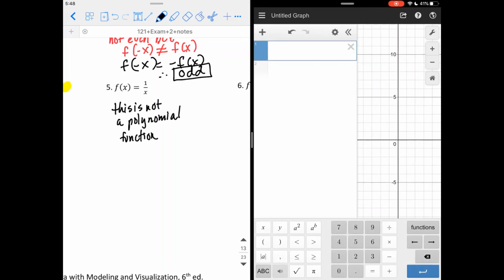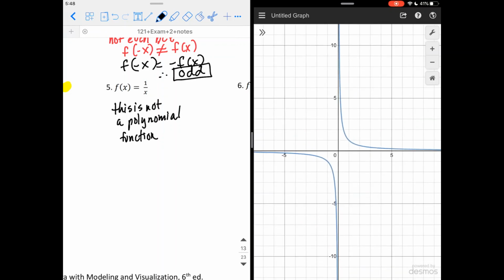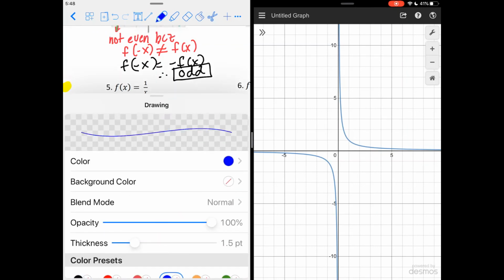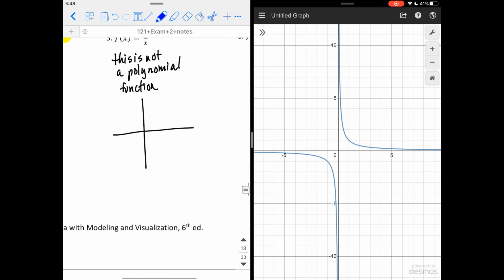So for this one, if we were to say this is 1 over x here, this is what it looks like. So let me do a quick little sketch. I want to get this done. So it looks something like this.